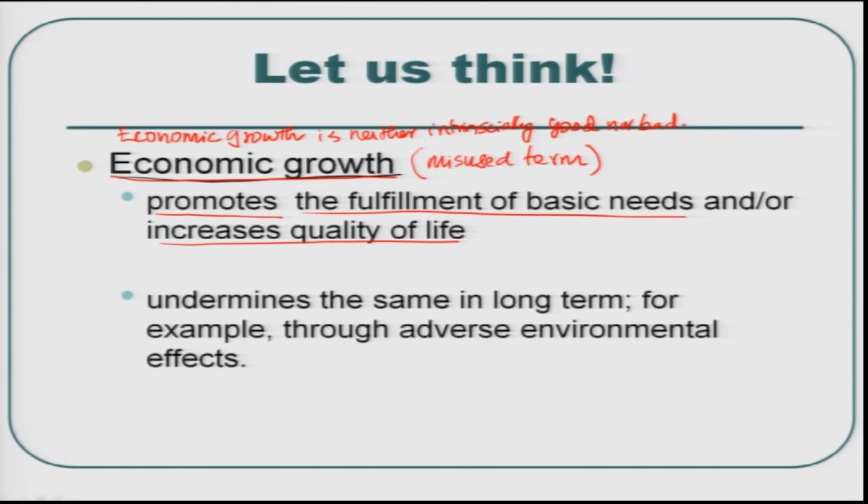So you are supposed to do two things out of this. One is fulfill the basic needs. The basic needs include housing, clothing, food, education, like this. So economic growth allows you to fulfill the basic needs of an individual or a society, and it also increases the quality of life.